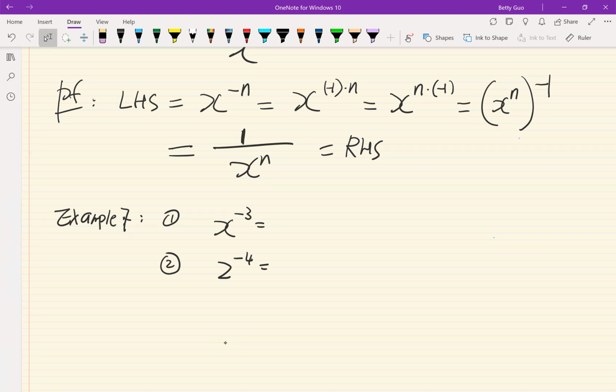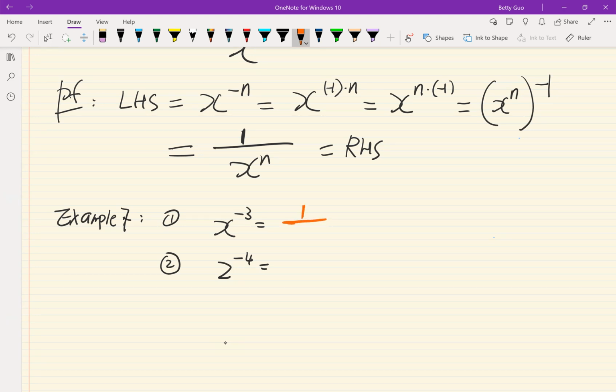X to the power of -3, what is it? Okay, look at the formula, x to the power of -n. Behind me, number 6. X to the power of -n equals 1 over x to the power of n, right? Tell me, how do you apply the formula? And what do you have? Use 1 over.